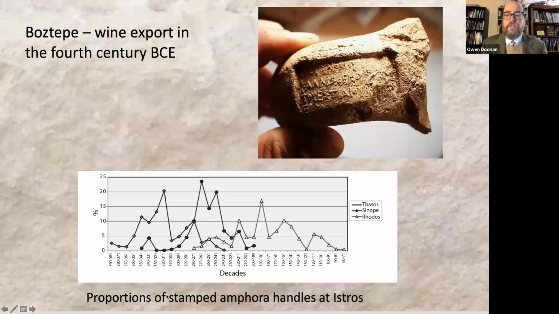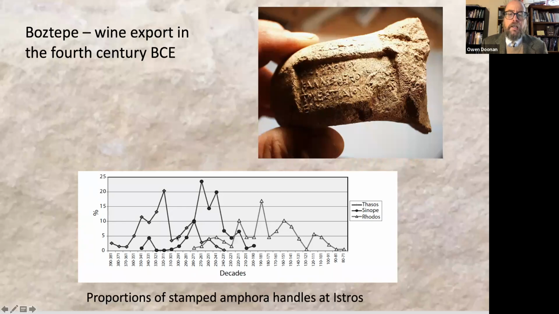I know the time is tight here. And I'd like to also call attention to the spike in the predominance of Sinope amphoras in sites like Histria on the west coast of the Black Sea, right around the same time frame.